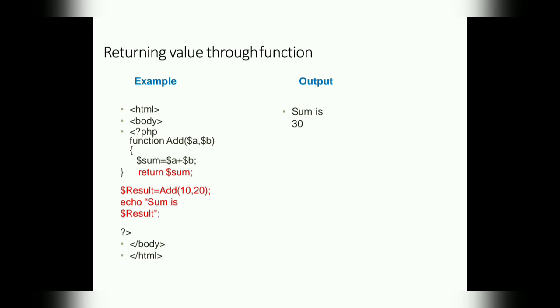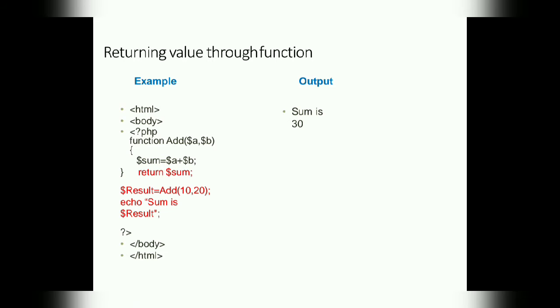I have used the function add with $a and $b, that is the parameterized function. Within the function block I have written $sum equals $a plus $b and return the sum variable. Then outside the block I have written the code $result equals add 10 comma 20, that is the values provided for the a and b variables.